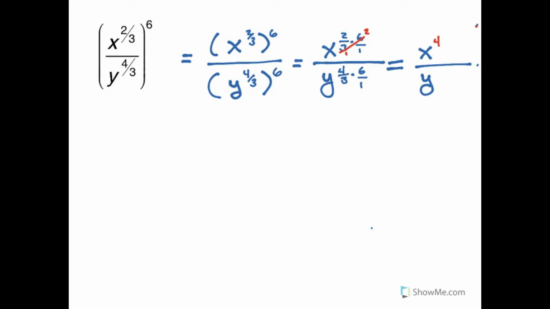And the bottom, 4/3 times 6. 3 cancels with a 6, leaves a 1 in the denominator and a 2 in the numerator, and 4 times 2 is 8. So this complicated expression simplifies to something kind of straightforward. It's the same as x to the 4th, y to the 8th.